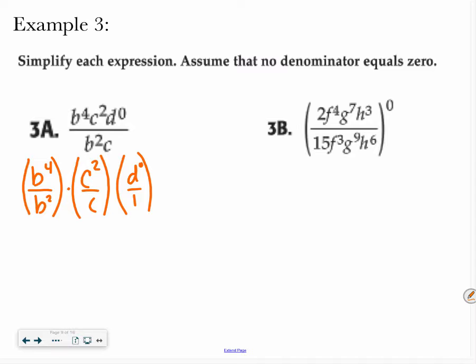So b to the 4th divided by b to the 2nd becomes b to the 2nd times c to the 2nd divided by c becomes just c, because it's a 2 minus 1. 2 minus 1, this was 4 minus 2. D to the 0 power, anything to the 0 power is just the number 1. So our answer is b squared c.